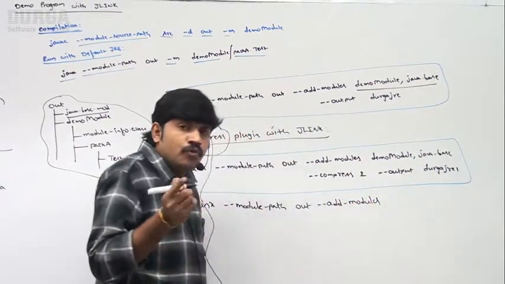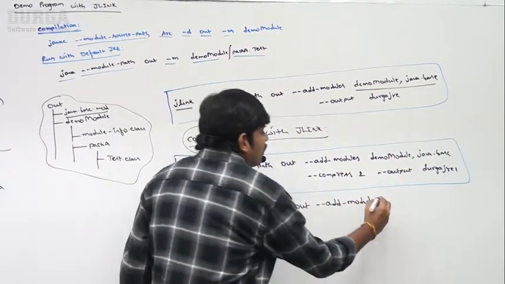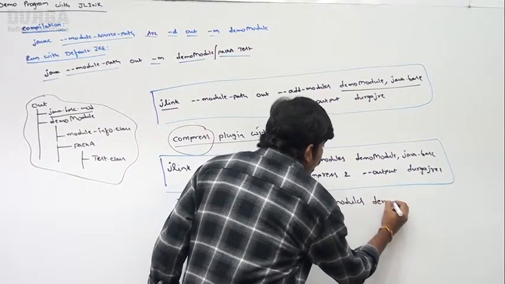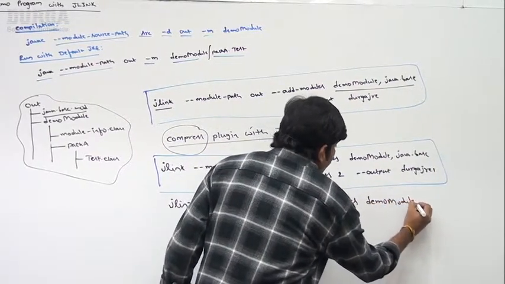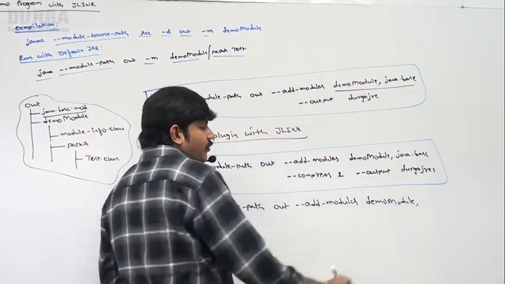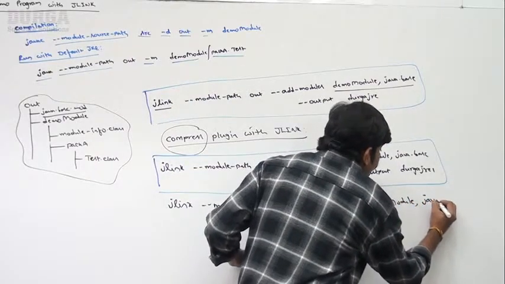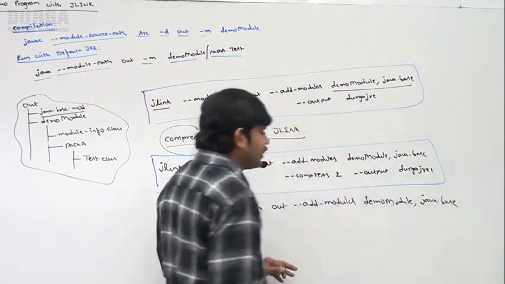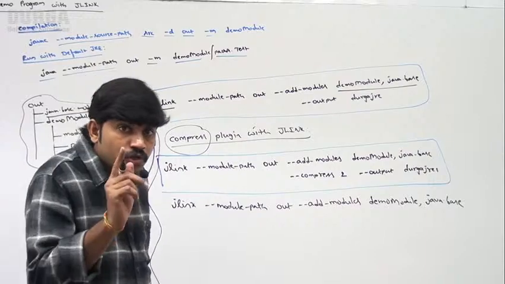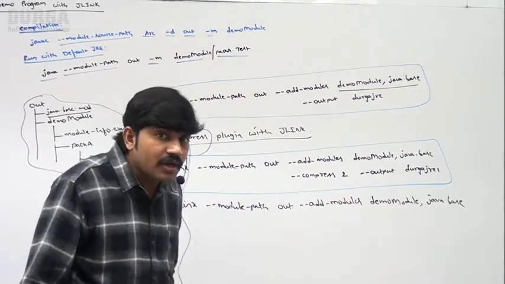Which modules do you want to add? First one, demo module. The second one, java.base module. Okay, I added demo module and java.base. Do you want the launcher option or not?